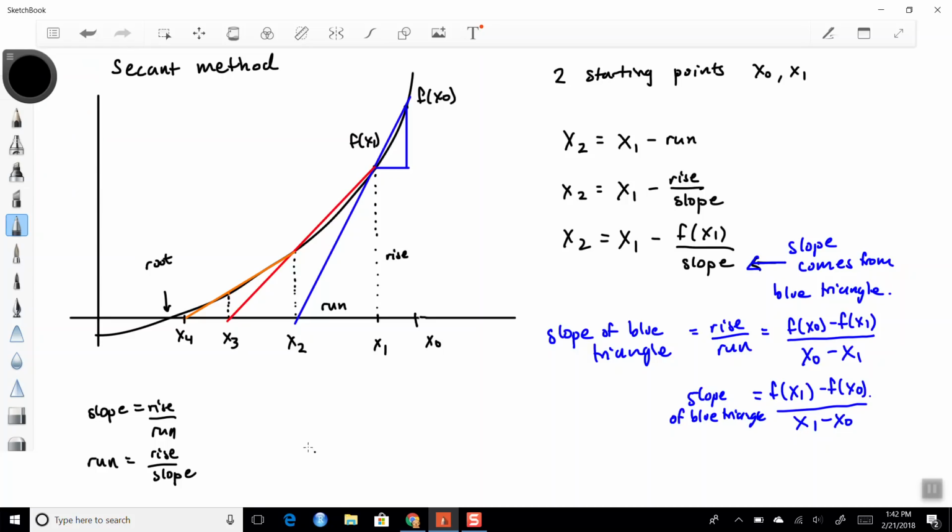So our x2 is going to be x1 minus f of x1, and I'm going to just flip this. So it'll be times x1 minus x0 divided by f of x1 minus f of x0.